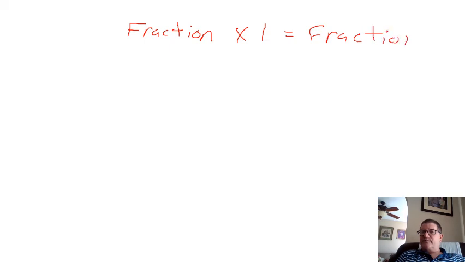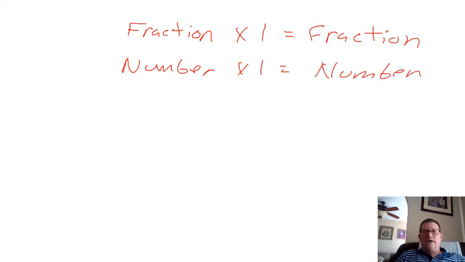All right, so the whole thing today is to determine, basically, when we're multiplying a fraction, and let's pick any fraction, doesn't matter, and we multiply that times 1, that's going to equal whatever that fraction is. Or if I take a number and multiply that times 1, it's going to equal whatever number that other factor was.